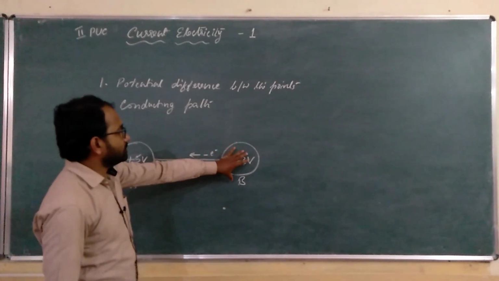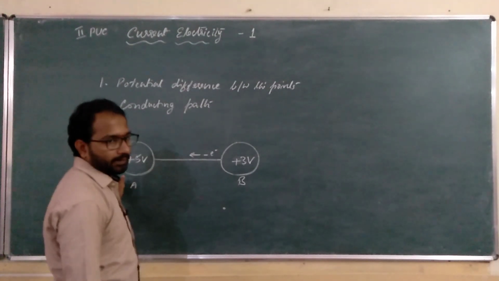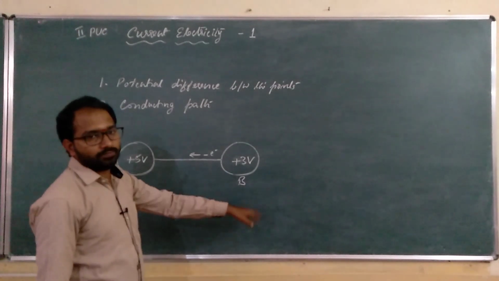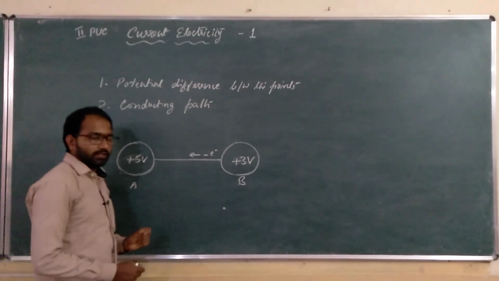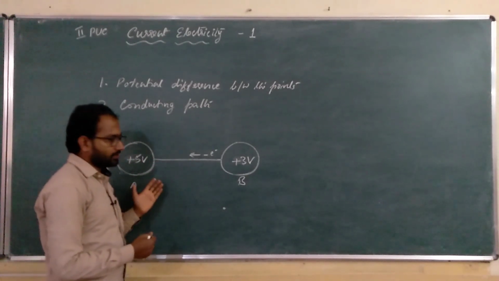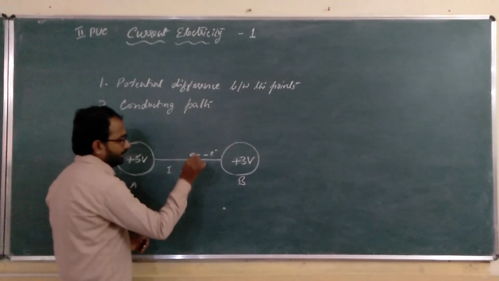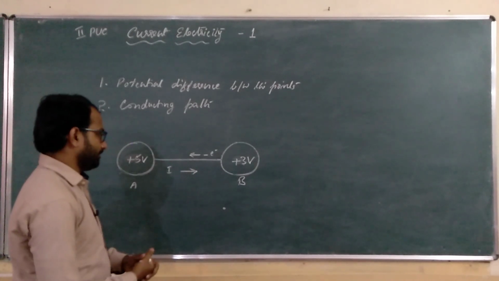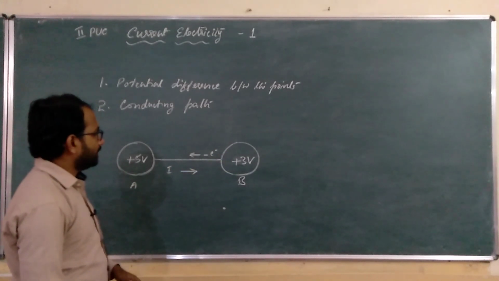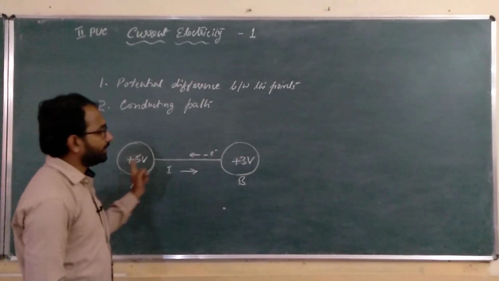When the electrons flow from B to A, apparently positive charges move from A to B. The conventional direction of current is the direction in which the positive charge moves. Therefore, the current flows from body A to body B. Actually, electrons are moving from B to A, but by convention, the direction of current is from A to B.